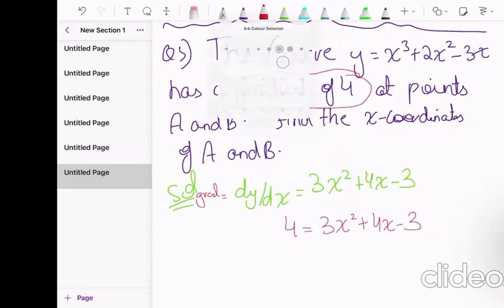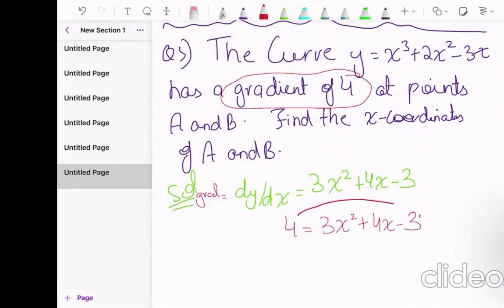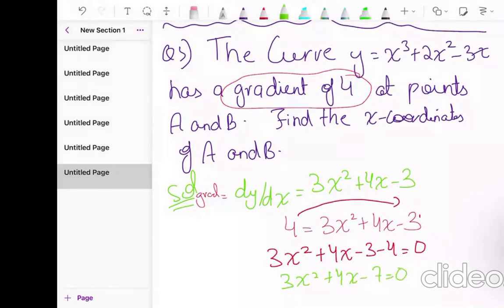Now 4 will go to this side, and this will become minus 4, equal to 0. 3x squared plus 4x minus 7 equals 0.